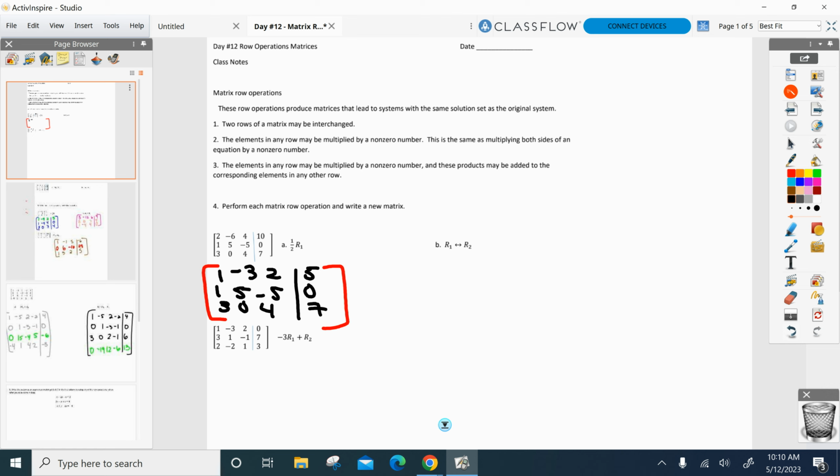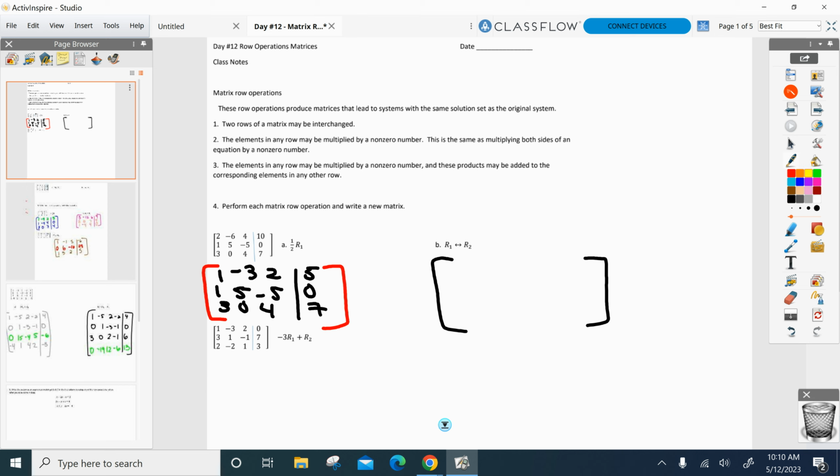We're okay there. What do you think I'm asking for in the next one? Swap them. Which ones, though? Take row 1 and row 2 and replace them with each other. Now, make sure we realize I always want you to go back to the original matrix, not the previous one we just built. Go back to the original one and switch rows 1 and 2 with each other. What about row 3?